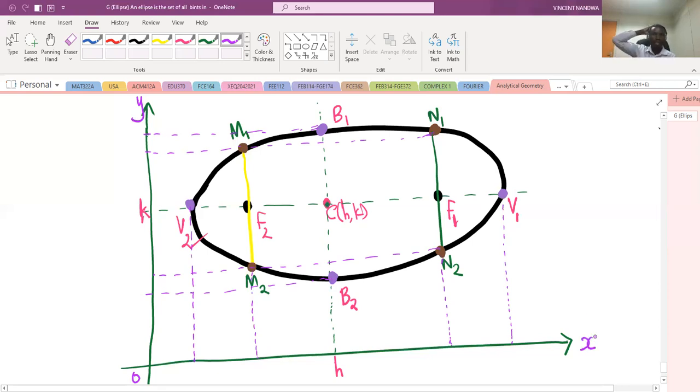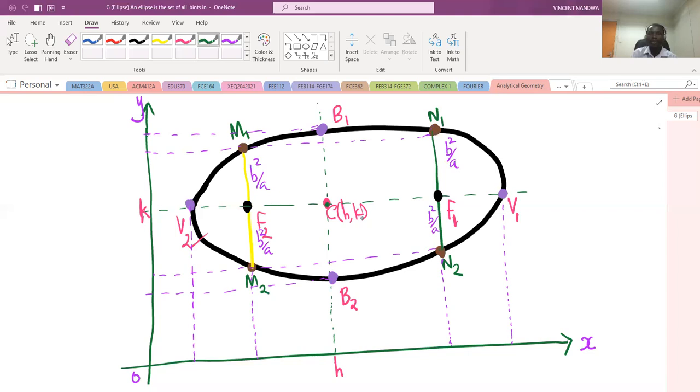Now from our previous calculation, the distance from this focus to the end of this latus rectum is b squared over a. So this is also b squared over a, and this b squared over a.